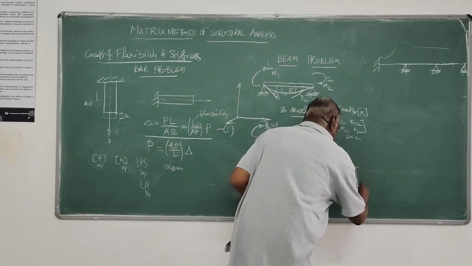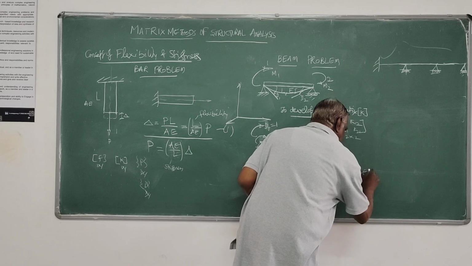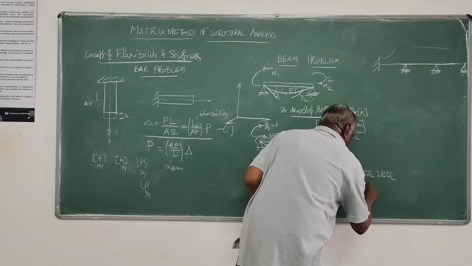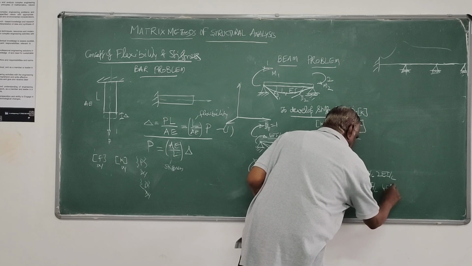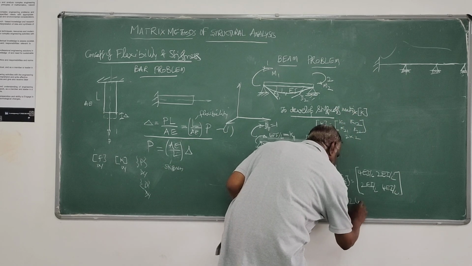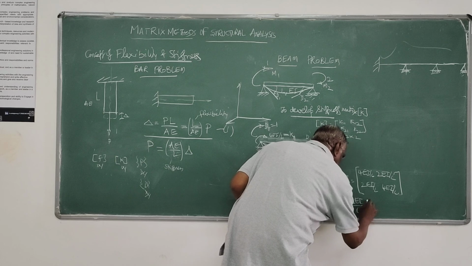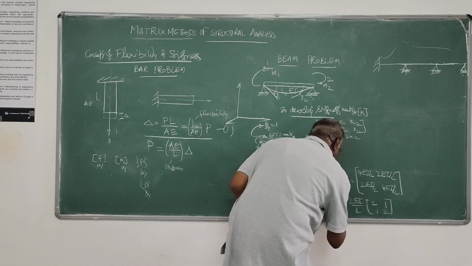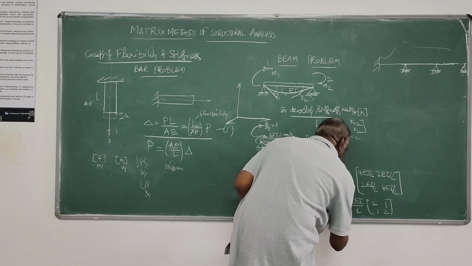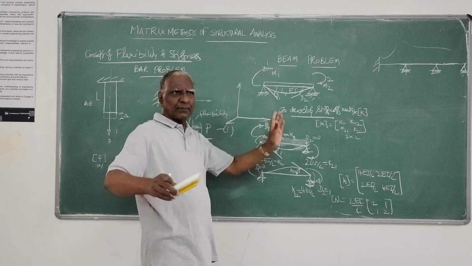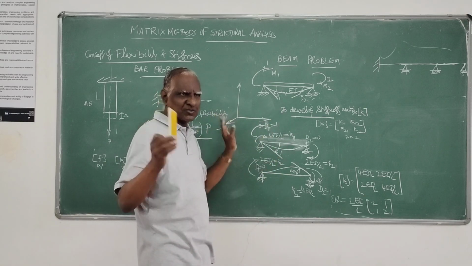So here the stiffness matrix of this element is 4EI by L, 2EI by L, 2EI by L, 4EI by L. Or it is simply 2EI by L into [2, 1; 1, 2]. This is the stiffness matrix of the beam element relating the moments developed at the two ends. That's a fixed beam you assume like that.